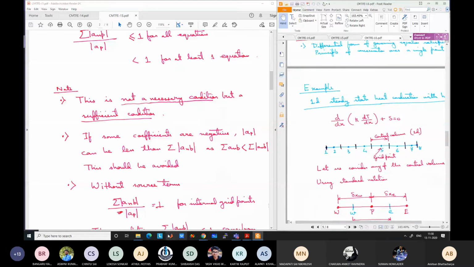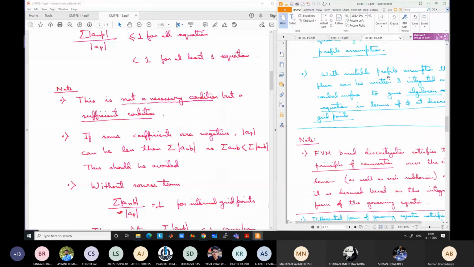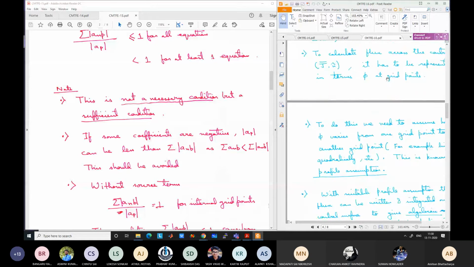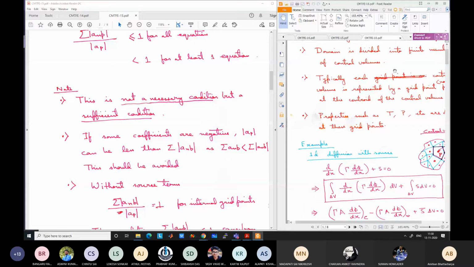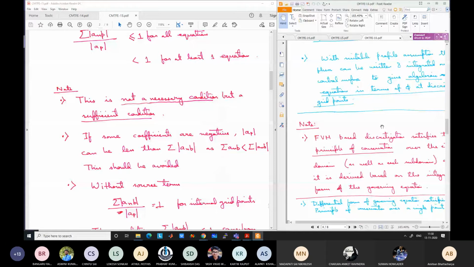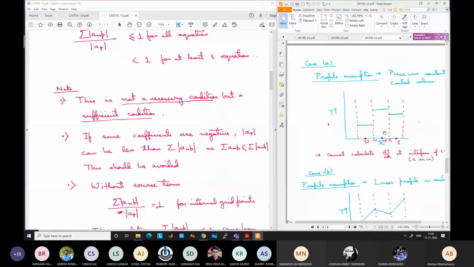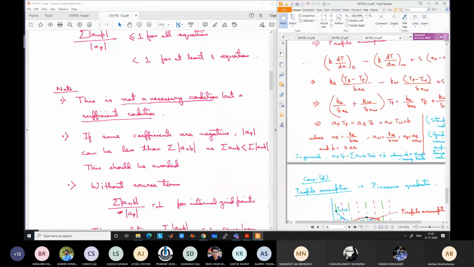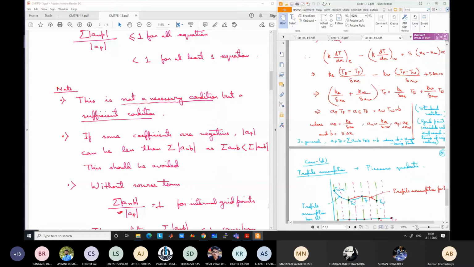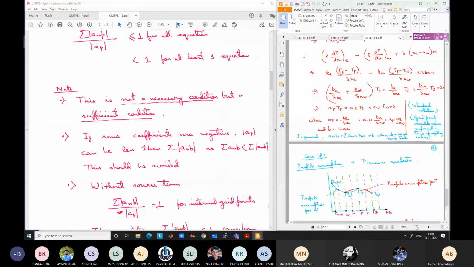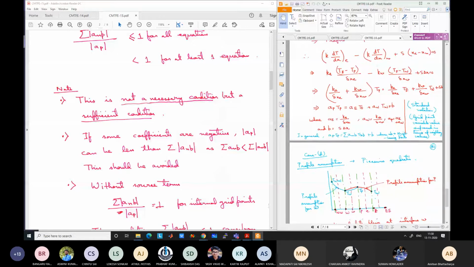Without heat source also we must have done previously. Anyway, let this be the case. It looks okay, but let me keep this open.